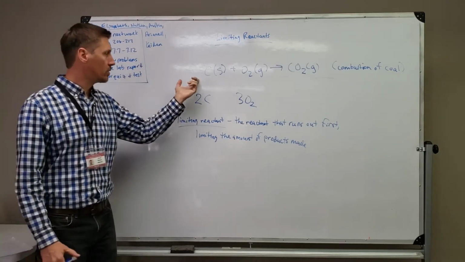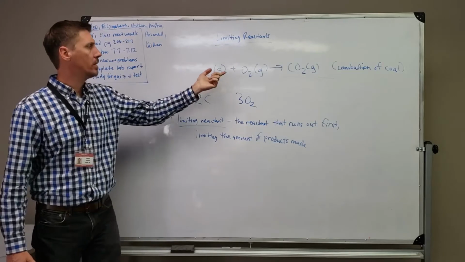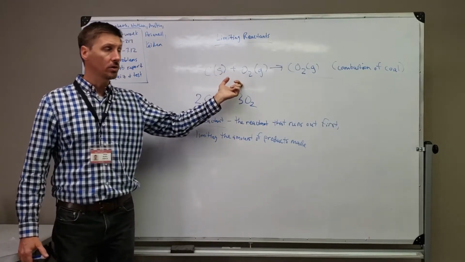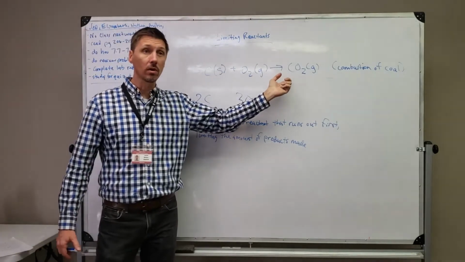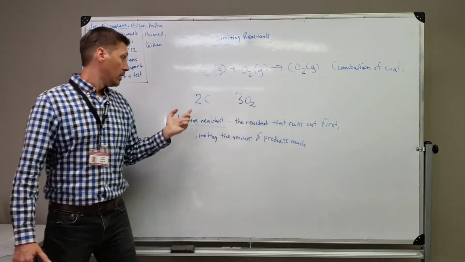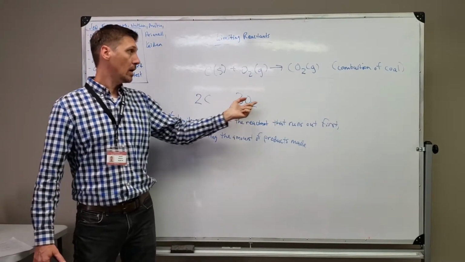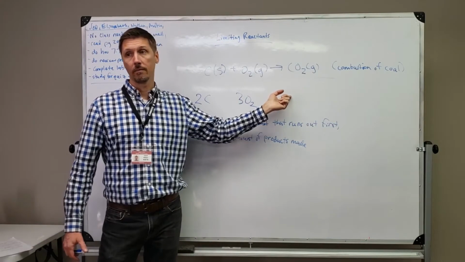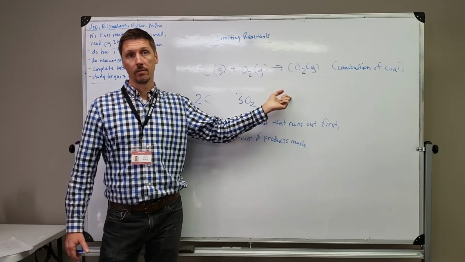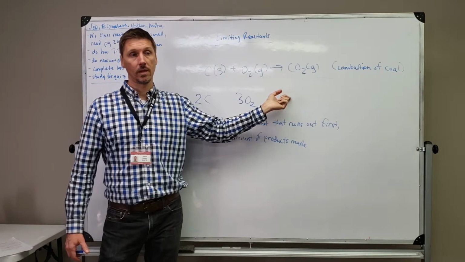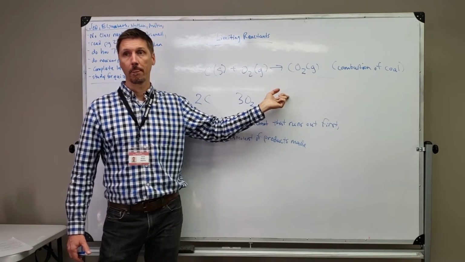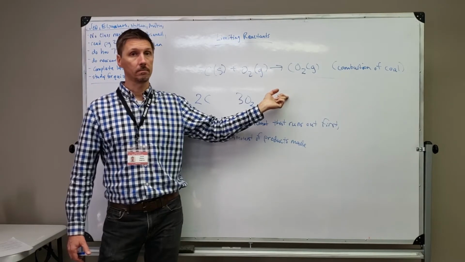Because the way this reaction works is that if I have 1 mole of carbon and 1 mole of O2, it's going to produce 1 mole of CO2. Then if I have 2 moles of carbon and 3 moles of O2, how much CO2 is going to be made? How many moles of that? 5? No? 2.